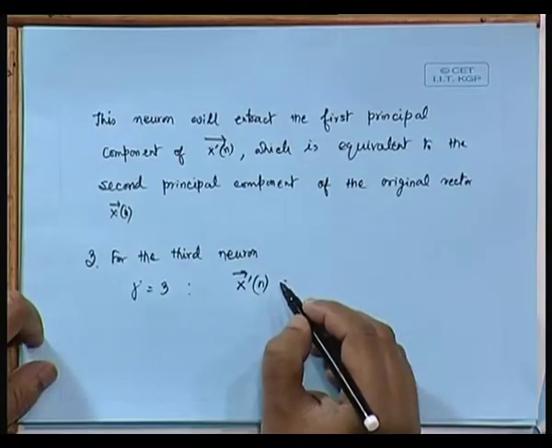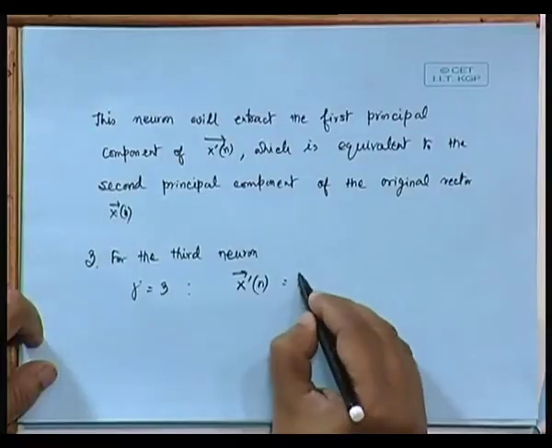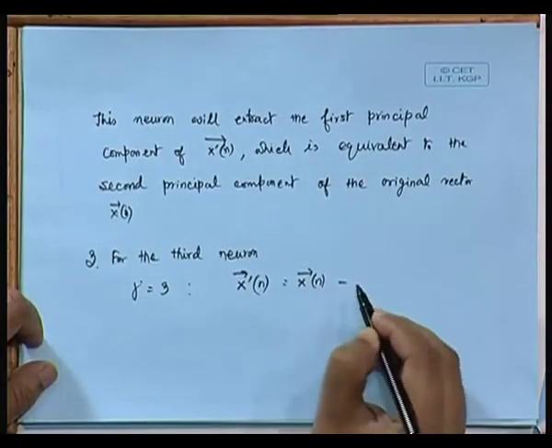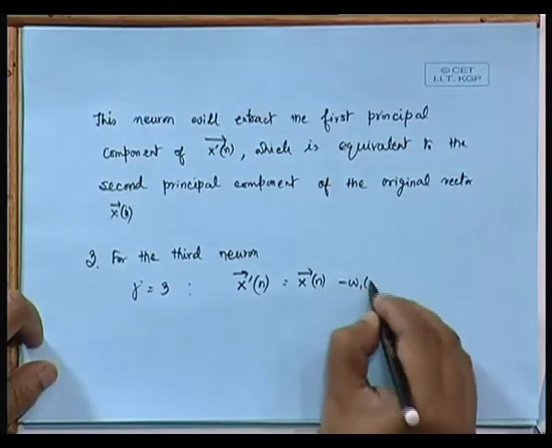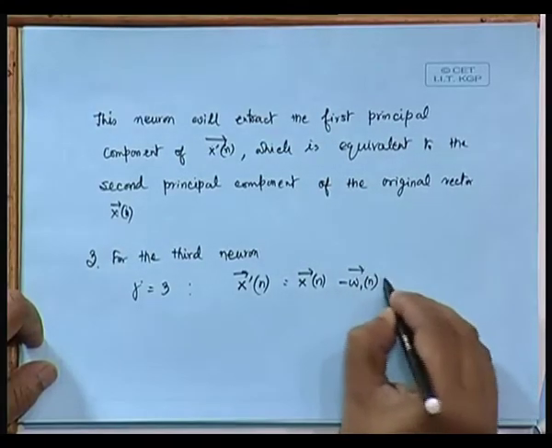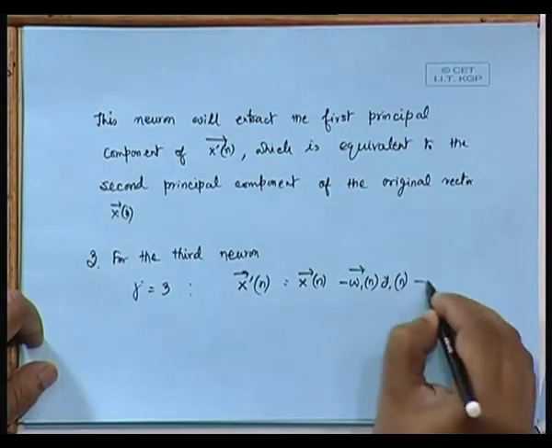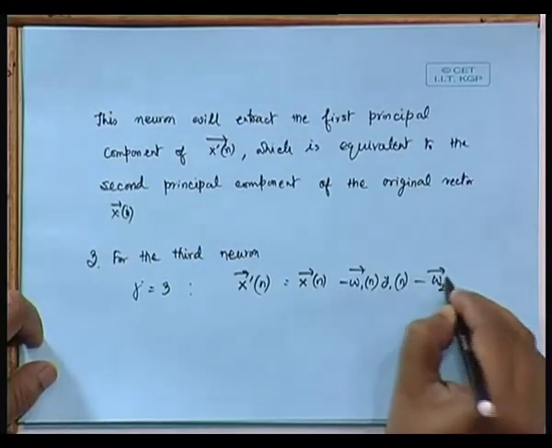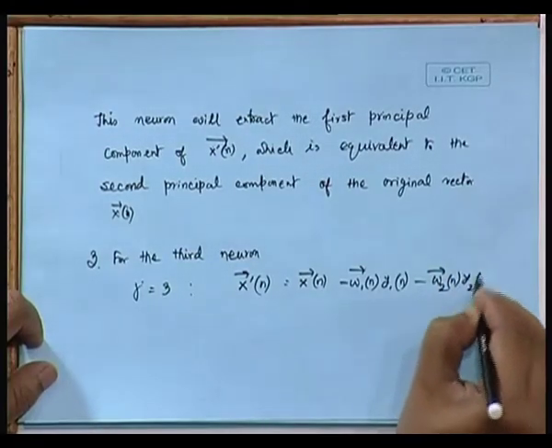Can anybody suggest? The first two terms will go away from the x n vector, right? So, x prime n will be equal to x n minus w1n y1n, minus w2n y2n.